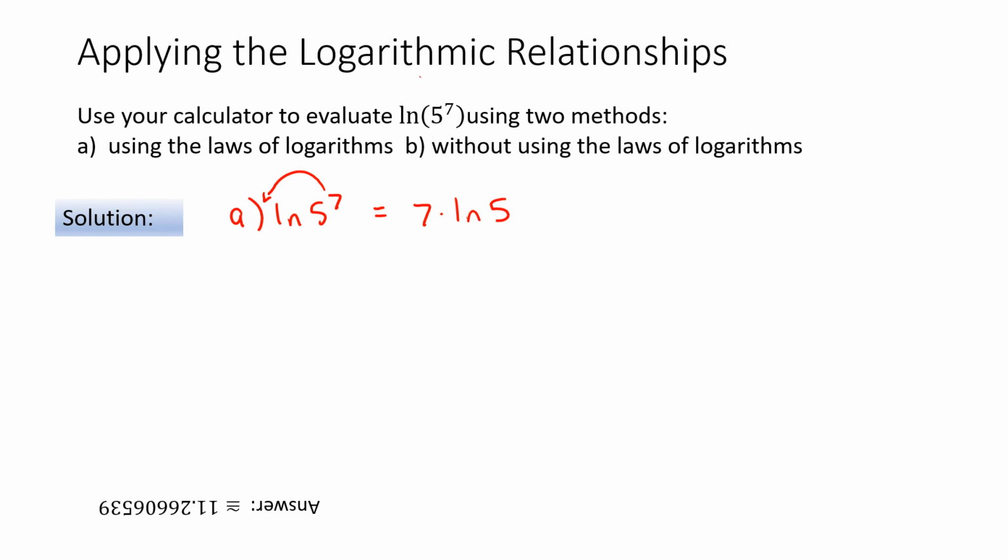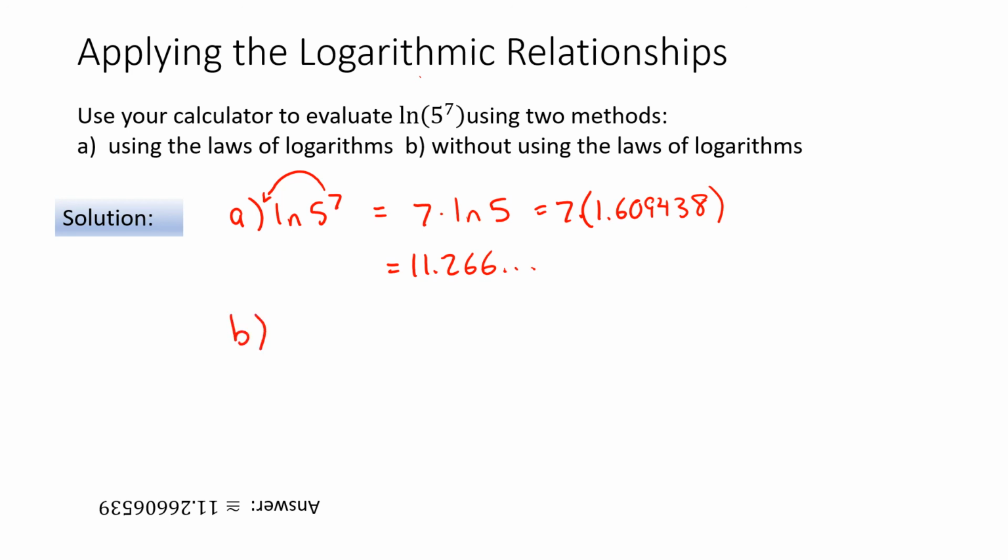Okay? So if I do this, I get 7 multiplied by the ln of 5, which is 1.609438 approximately. So if I multiply that by 7, I get 11.266 approximately, and it keeps going.